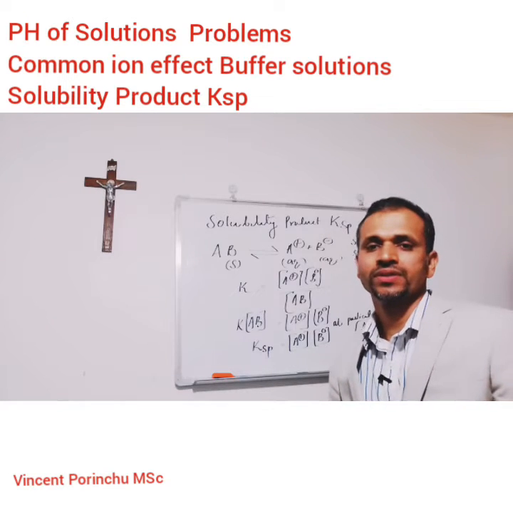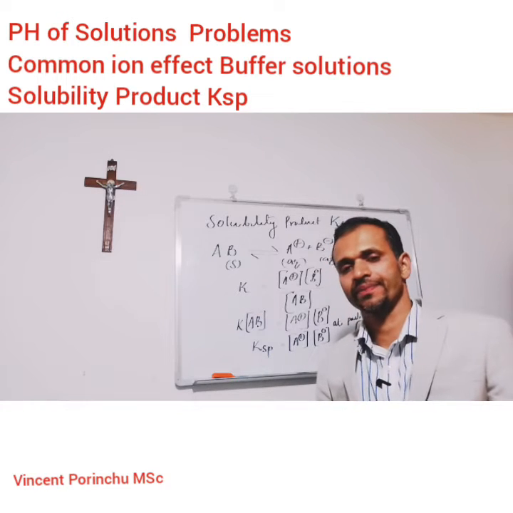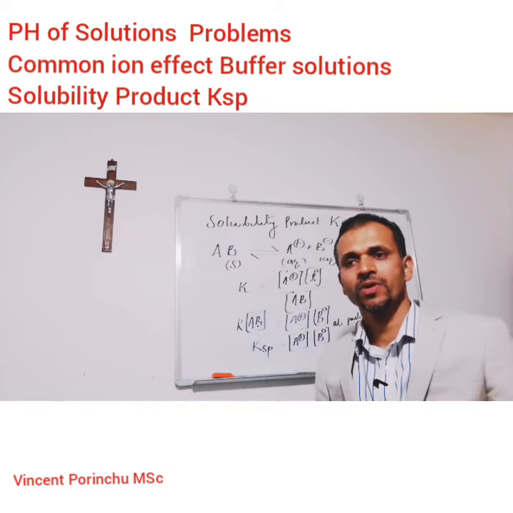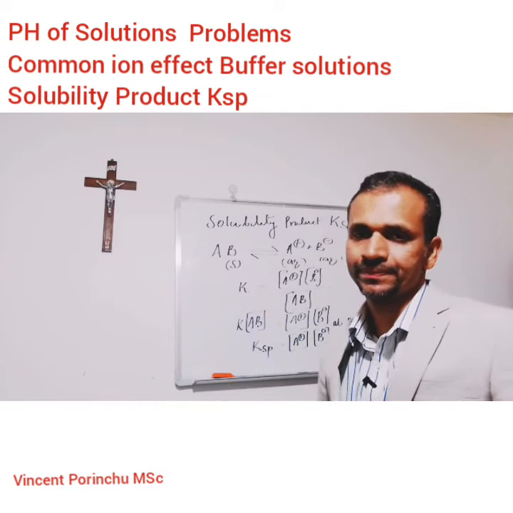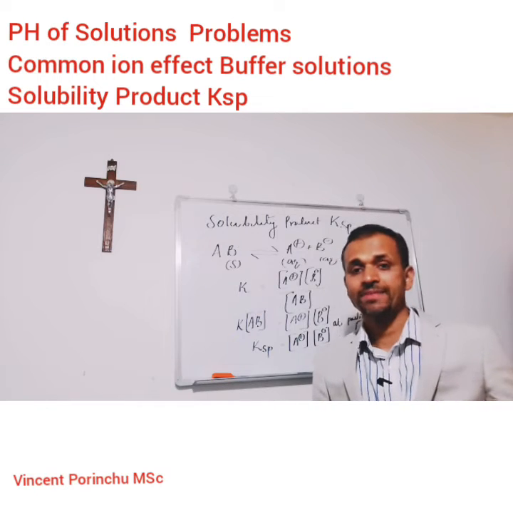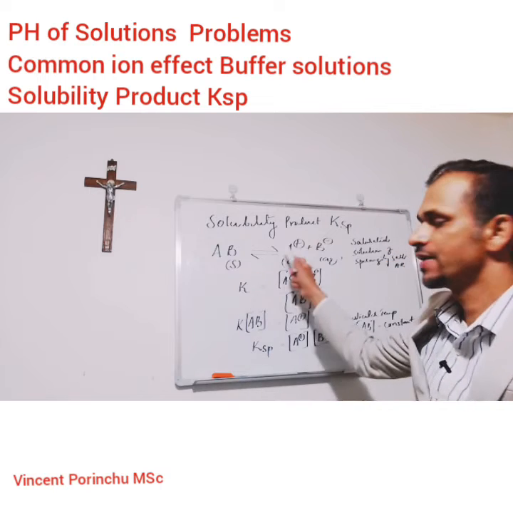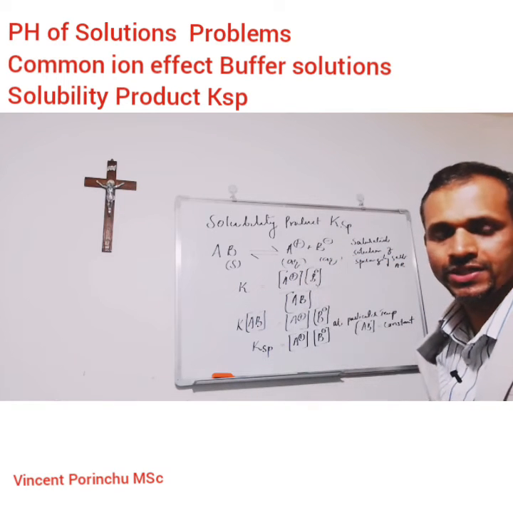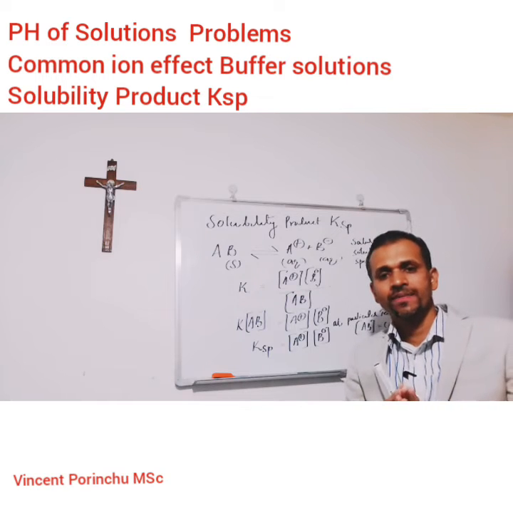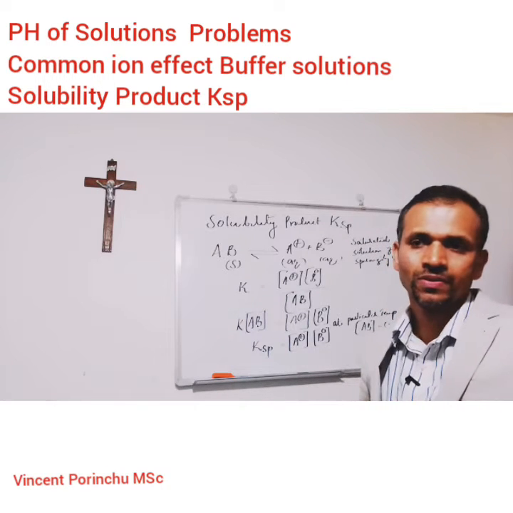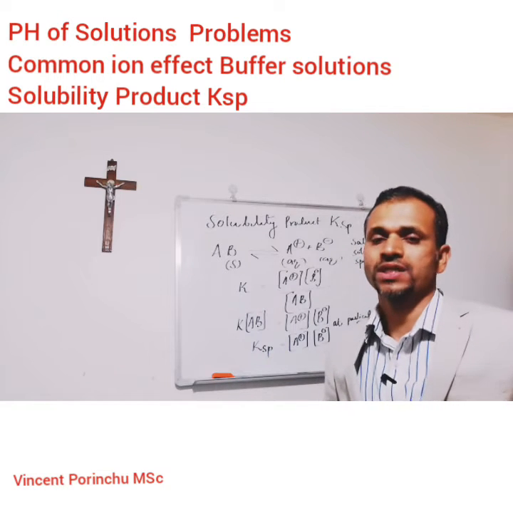Next we are going through what is meant by the solubility product. Consider the solubility product of a saturated sparingly soluble salt, for example AB. Here is an equation: AB gives A positive plus B negative. AB in the solid state gives A positive, a cation, plus B negative, an anion, in the aqueous state.